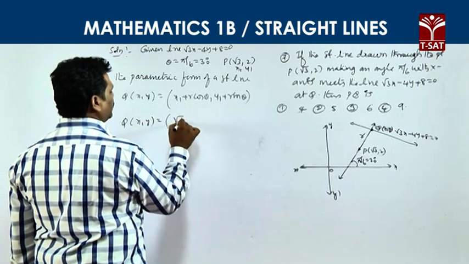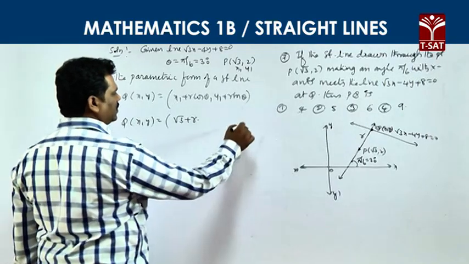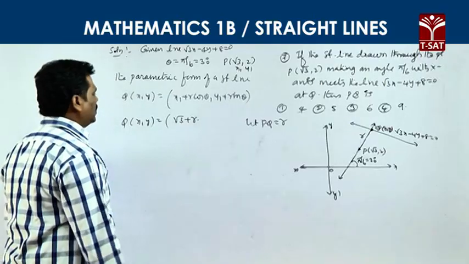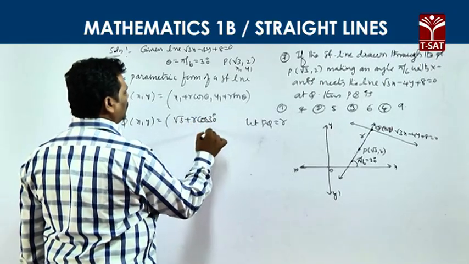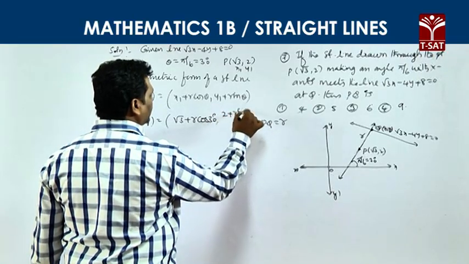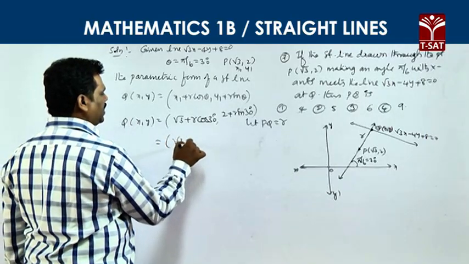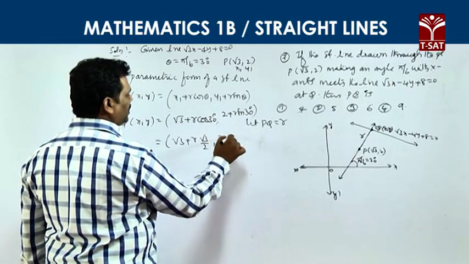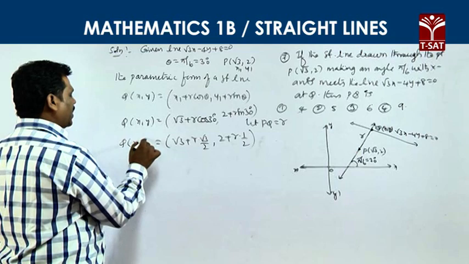Let the length of PQ be r. So here root 3 plus r cos 30 comma 2 plus r sin 30. Root 3 plus r cos 30 is root 3 by 2, and 2 plus r sin 30 is 1 by 2. This is Q of x comma y.